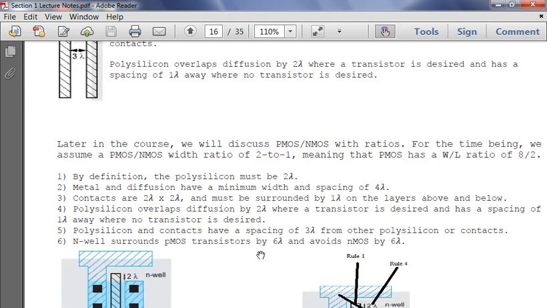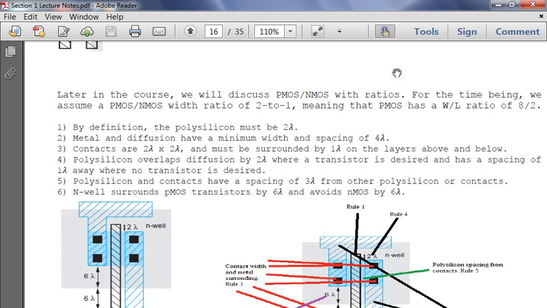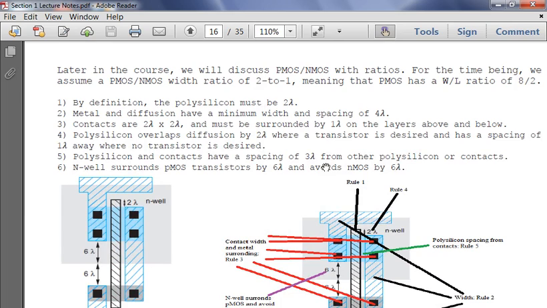So I've restated the rules, and now this is an actual CMOS inverter. On the left is just the inverter itself, and on the right is the notation with all of the different rules. Here we have contacts. The PMOS to NMOS ratio is 2:1, so you're going to have 2:1 here.